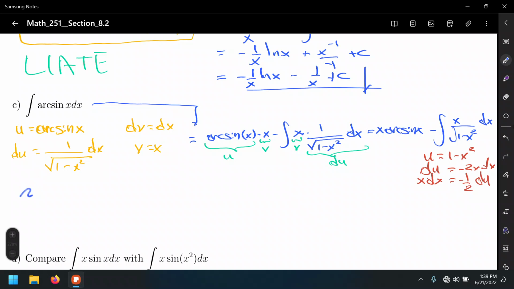So let me continue over here. x arcsine x minus the integral of negative 1/2 du over the square root of u. And well, let me take that negative 1/2 outside, but be careful because we have a negative from the integration by parts formula that gets multiplied, turning that into a positive.